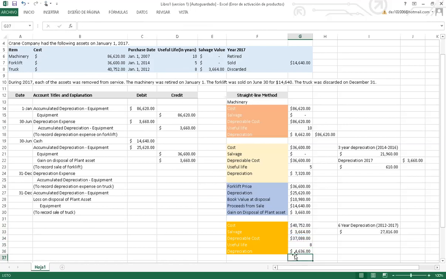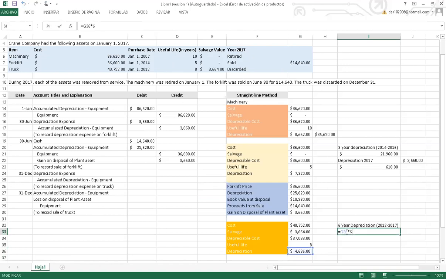The annual depreciation in this case is $4,636. And we need to calculate that from the year 2012, when this truck was purchased, up to December 31st, 2017, 6 years have passed that Crane Company has been using that truck.